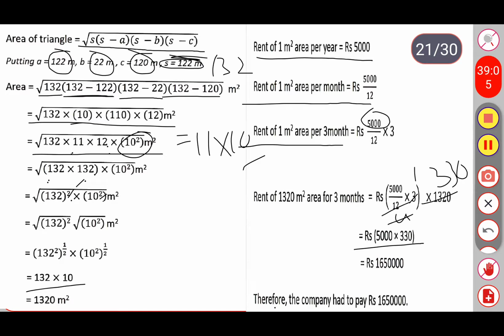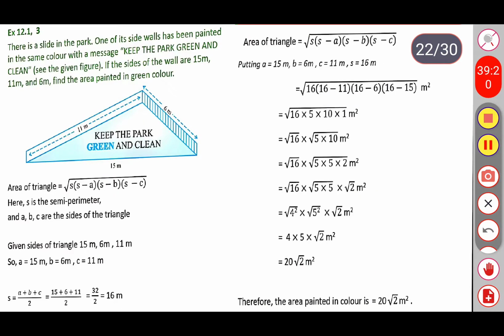So 5,000 into 330, which is equal to 16 lakh 50,000. Therefore the company should pay 16 lakh 50,000.